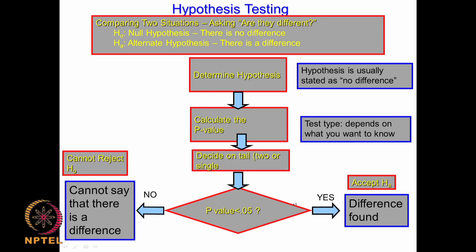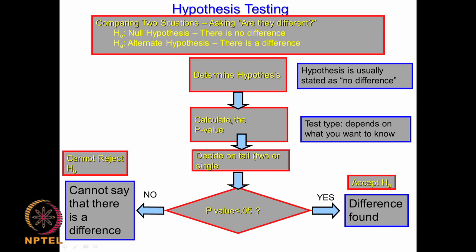If it is less, then obviously you will reject the null hypothesis, so you will accept the alternate hypothesis. If the p value is not less than 0.05 or 0.01, then you do not reject the null hypothesis. There is no reason for you to reject the null hypothesis. This is how any statistical analysis is carried out, and this is called hypothesis testing.